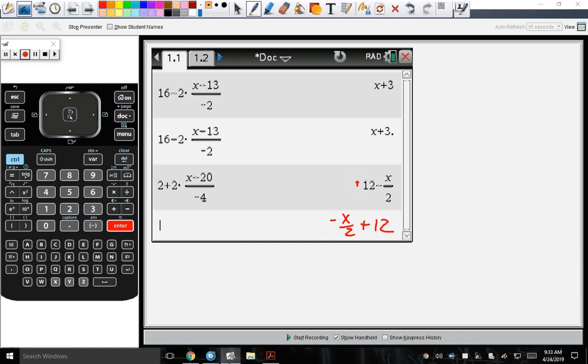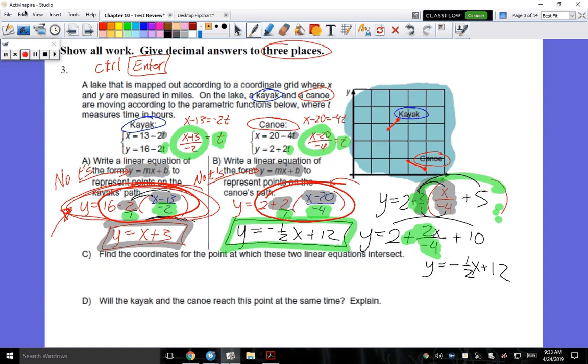Alright, so let's move on to part C. Part C says find the coordinates of the point at which these two linear equations intersect. So we want to see when it is that this line intersects this line. So if I'm looking for the coordinates, I'm looking for the x and the y.